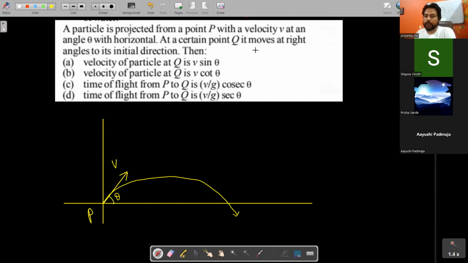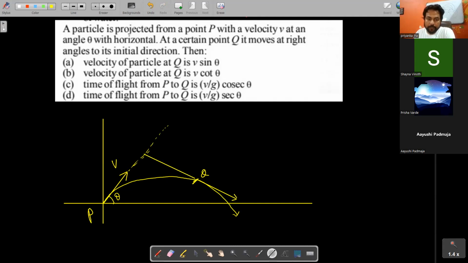At a certain point Q, it moves at right angles to its initial direction. Suppose at this point Q, it moves in the perpendicular direction. So initial direction was what? This one. At this point, its motion will be like this.